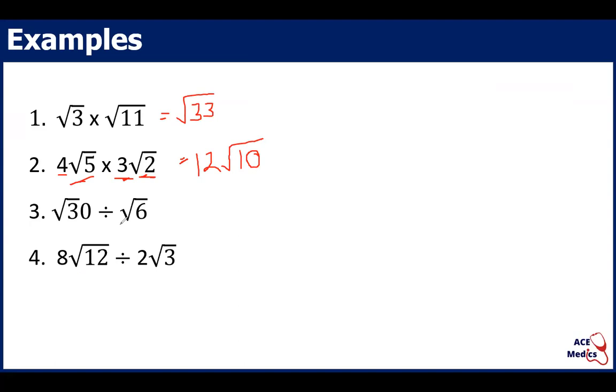Yeah, well done. Number 3, fantastic, guys. Root 30 divided by root 6 is going to be root 5. How about the last one? Yeah, great, Azmat. Have a think about what that root 4 is the same as. What's the square root of 4? And what will it simplify to? Lily, double check yours.